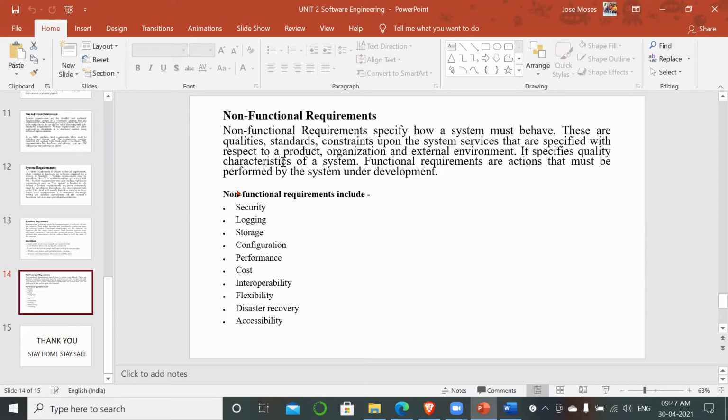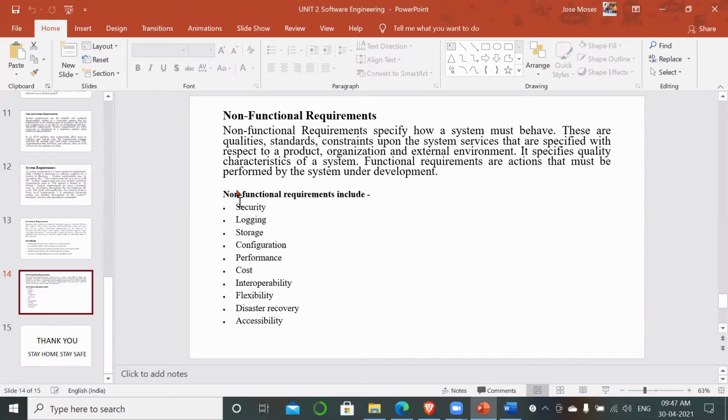Those are called non-functional requirements. Examples are cost, performance, interoperability. Several aspects are there with reference to non-functional requirements, such as security, storage, configuration, performance, and cost.